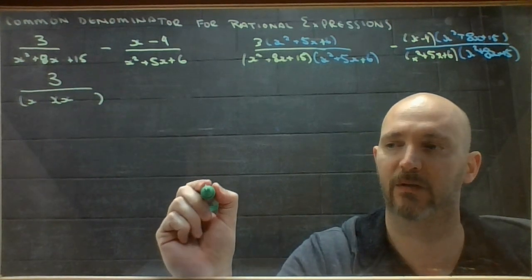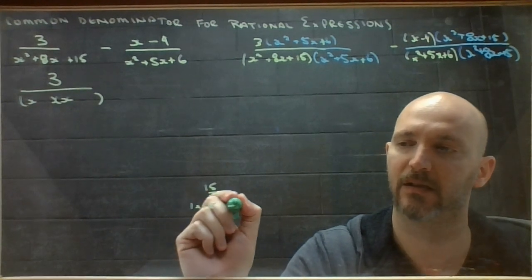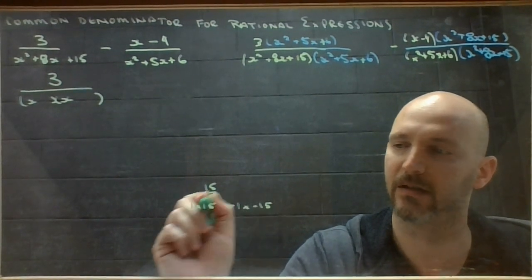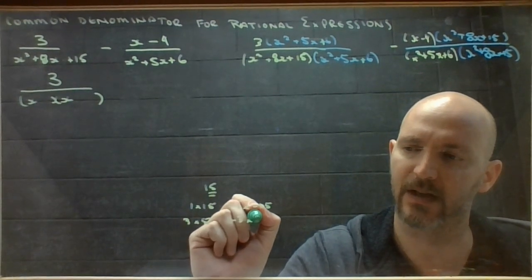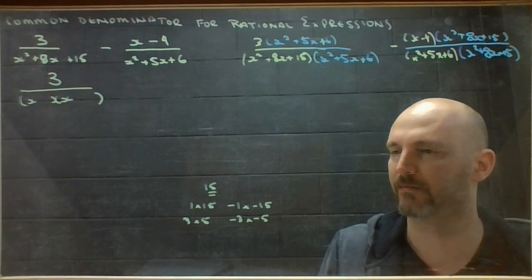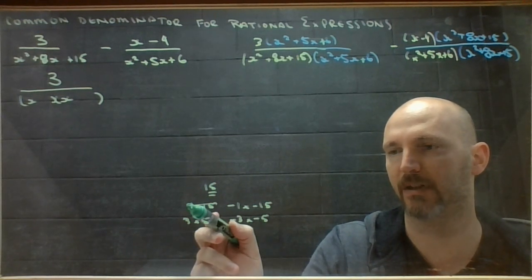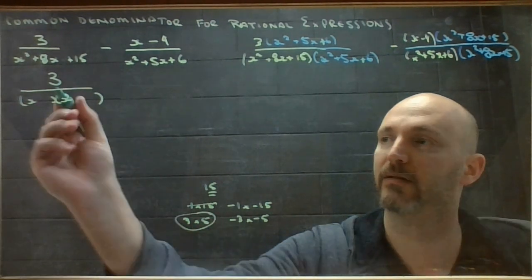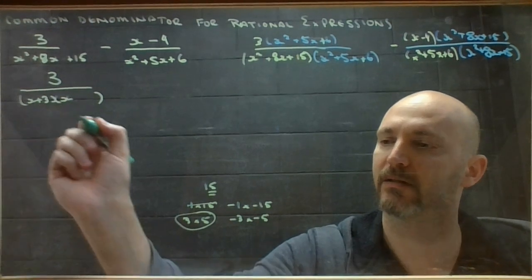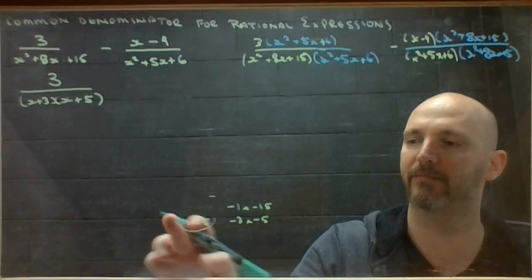So the things that multiply to 15 are 1 times 15, negative 1 times negative 15, 3 times 5, and negative 3 times negative 5. These would add to 16, so they're no good. These add to 8. That's the pair I want. So x plus 3 and x plus 5. Get that out of the way.